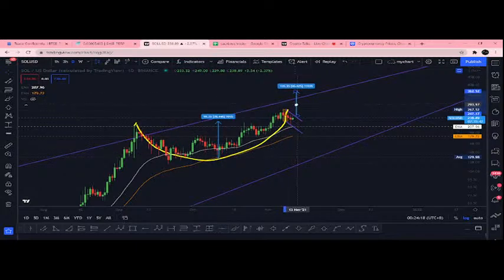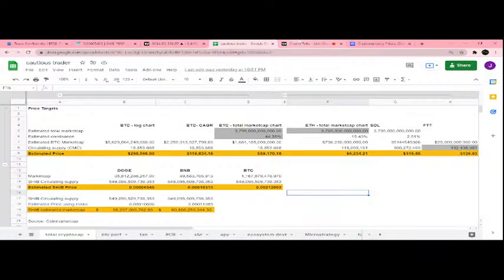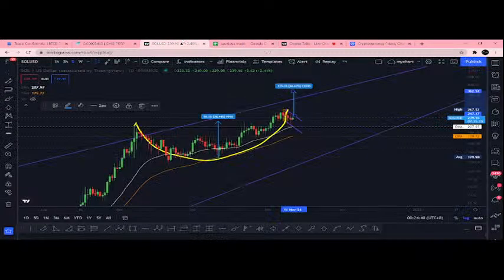But of course I'll wait for the breakout here. Possibly 362. And I think based on what we have computed, if the crypto market cap reaches $3.79 trillion, Solana might possibly hit close to 300 or actually above $300.